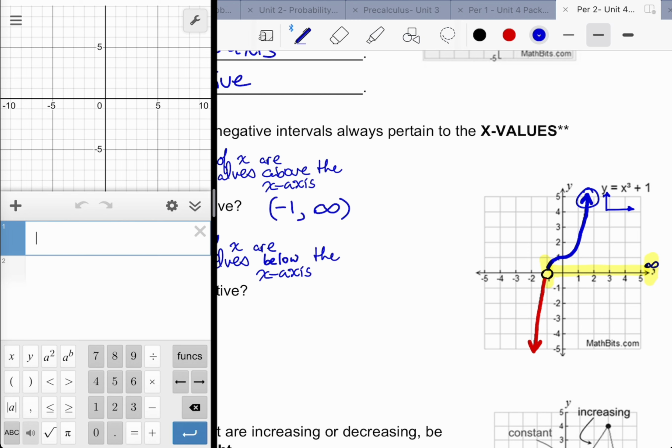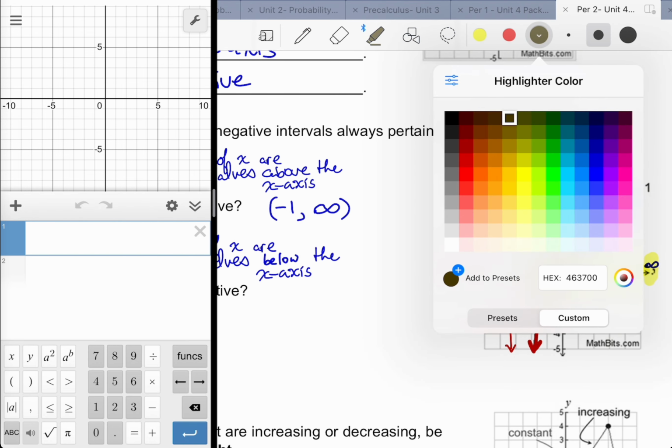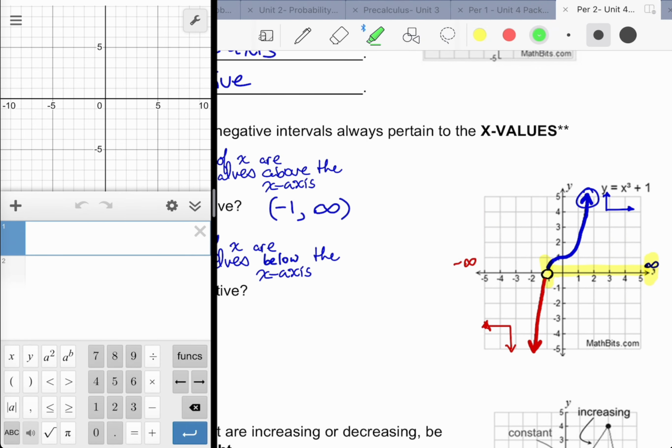Now, the red part of the graph seems to be going down forever and also to the left forever. Left forever is where negative infinity can be found. So my start and stop here would be negative infinity to -1 and everything in between.